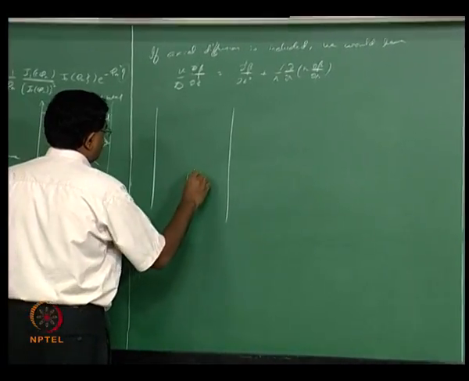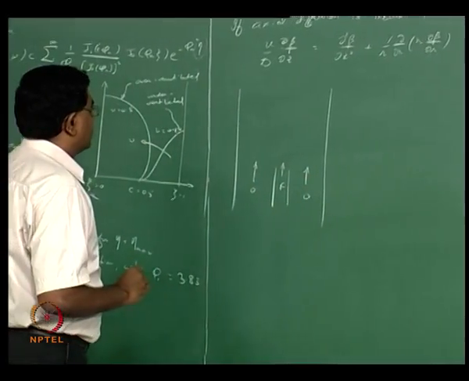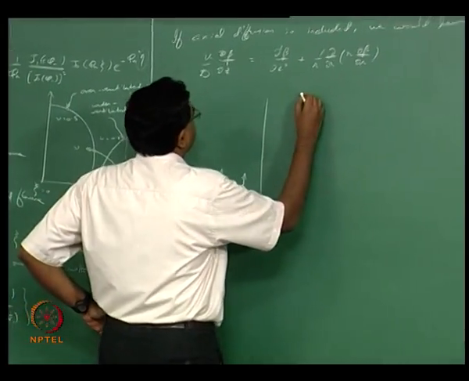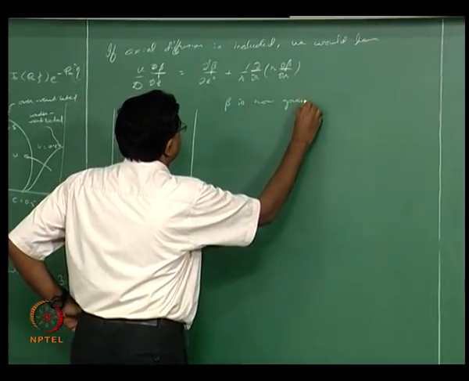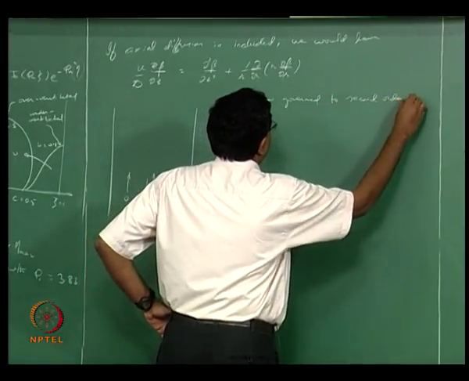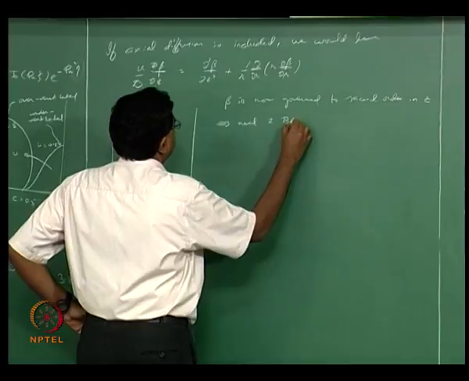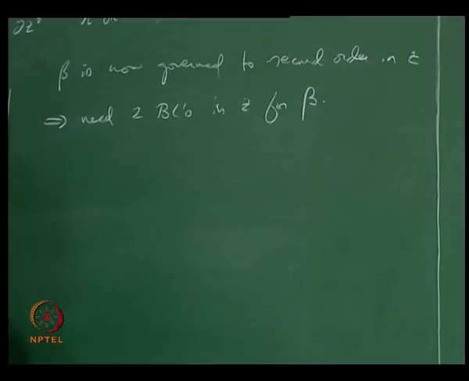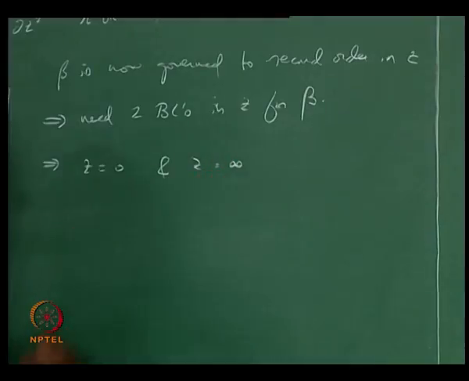If you go back to your original problem, beta is now governed to second order in z, so we need 2 BCs in z for beta, which implies z equal to 0 and z equal to infinity.